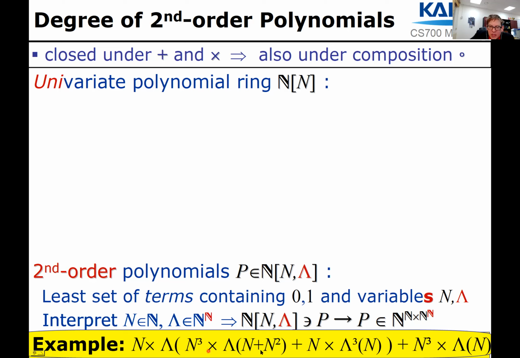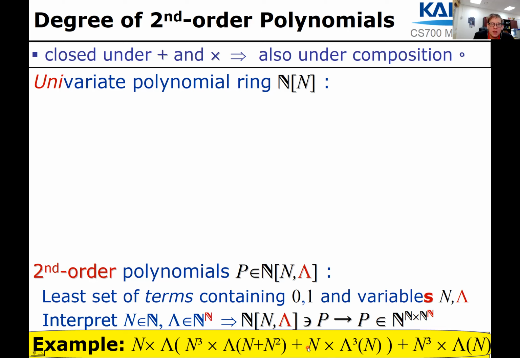And the other term is here, where we also have some variable cubed product with a second order variable lambda applied to now some complicated term. And this is just one example. As you can imagine, you can iterate this lambda further and further by using the required or the promised closure under composition, which in the second order is now not a consequence, but an axiom.